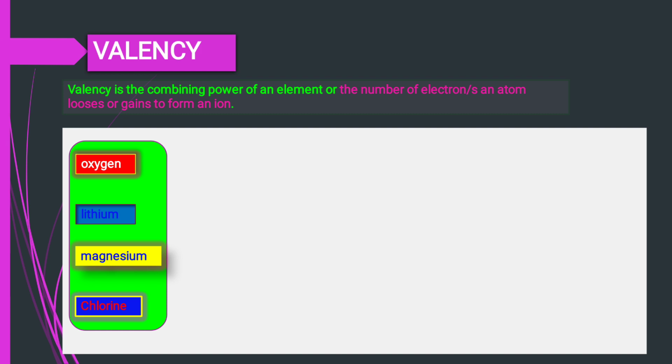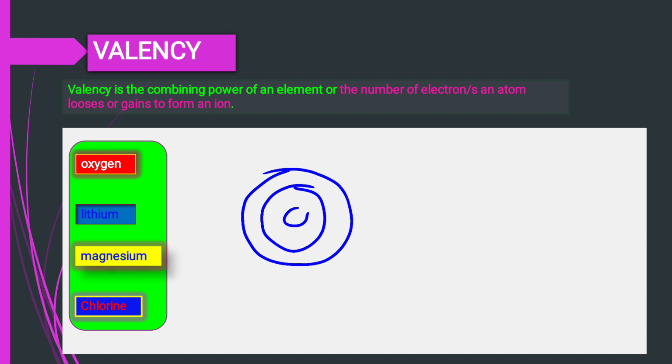We have oxygen, then the first energy level and the second energy level. Like you can see, the first energy level will have a maximum of 2 electrons, and then the second energy level has 6 electrons. This means that this atom can gain 2 more electrons to have an octet state.